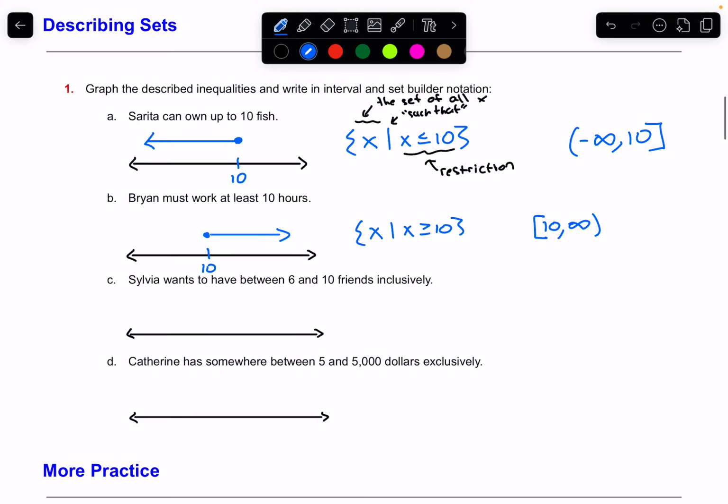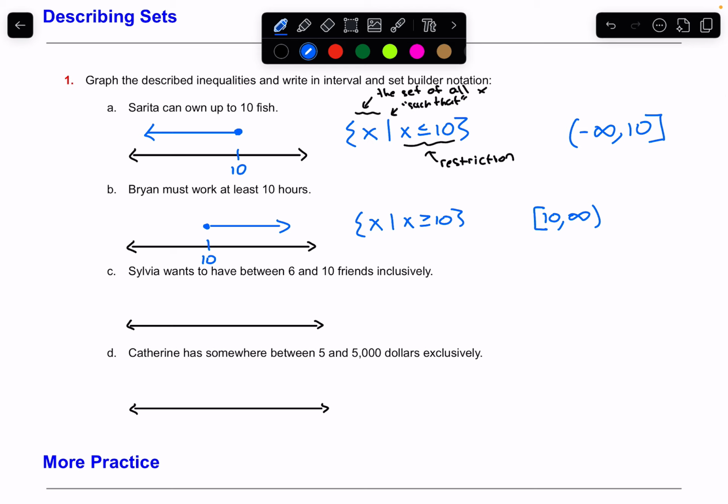Okay, part C, Sylvia wants to have between 6 and 10 friends inclusively. Inclusively means to include the endpoints. So we're going to put 6 and 10 on here. And we're going to put closed dots on 6 and 10 because we will include those 2 points. Okay, so inclusively means to include the ends.